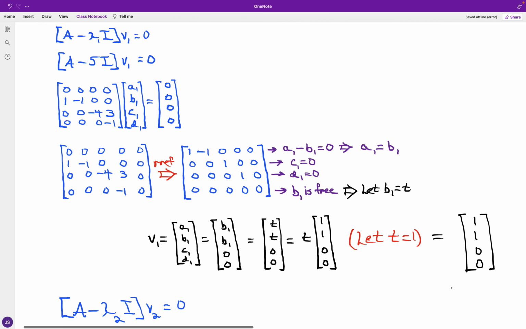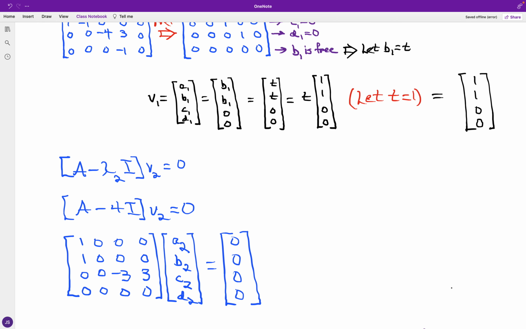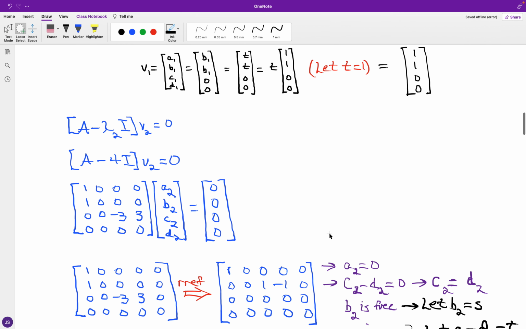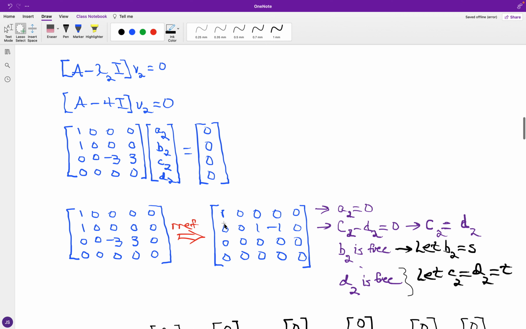And with the second eigenvalue at 4, for A minus 4i, again we have this 4 by 4 setup, v sub 2, with the general elements a sub 2, b sub 2, c sub 2, and d sub 2, and again it is equal to 0. So putting it in augmented matrix terms and performing the reduced row echelon form, notice we have the 1 and the 0s running across, so a sub 2 is equal to 0.